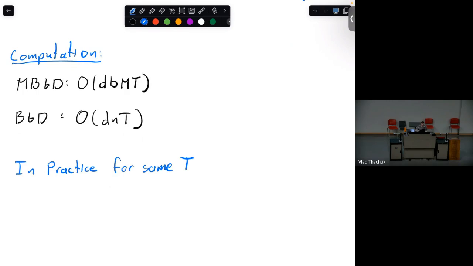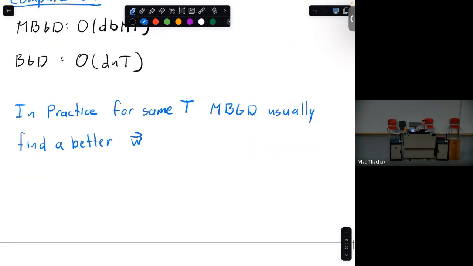For the same t, mini batch gradient descent usually finds a better W. So it'll get something closer to W hat for the same number of iterations. This is the case if your batch size is strictly less than n.